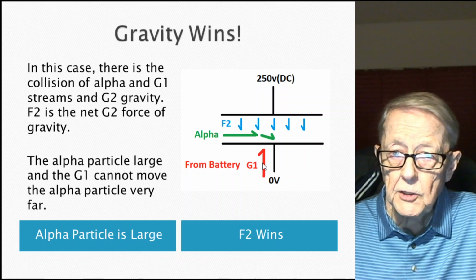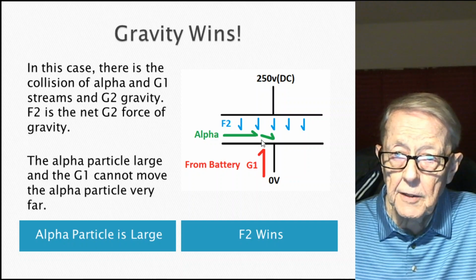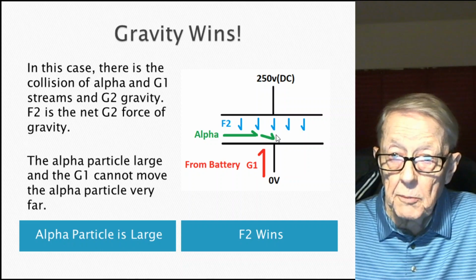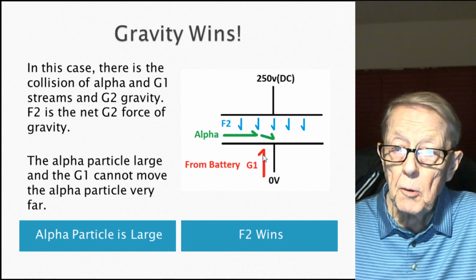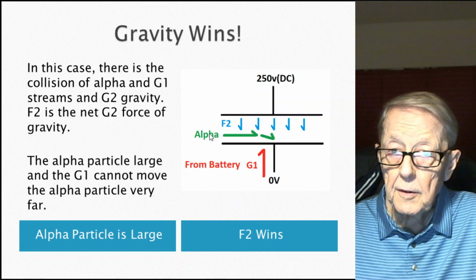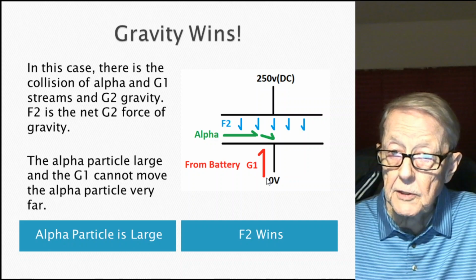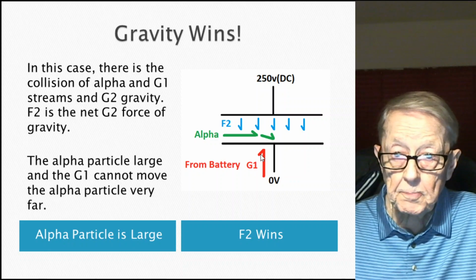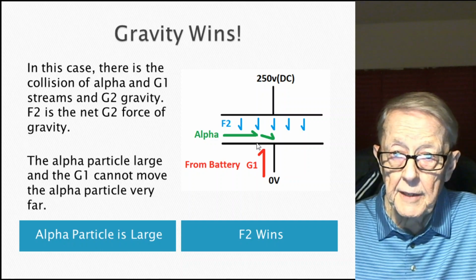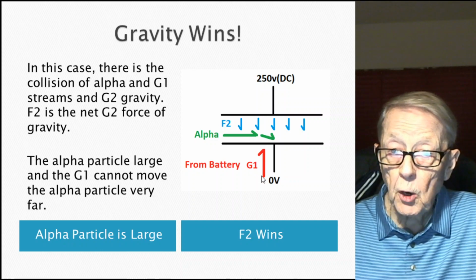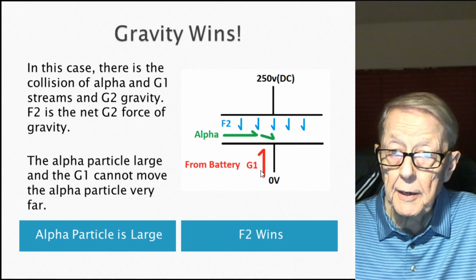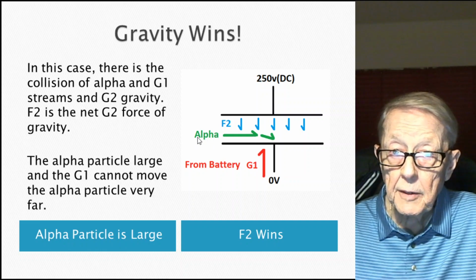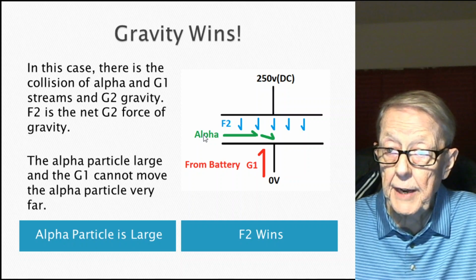I contend that this G1 force does hit and would cause them to go up. In fact, there may be some that move up, but this is harder to move. This is like a ping pong ball trying to move a bowling ball. Well, maybe not that severe, but normal gravity is caused by pushing gravity when G1s hit an atom, and this is a nucleus of an atom.